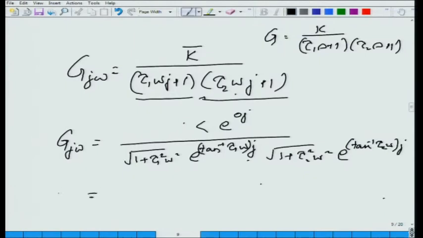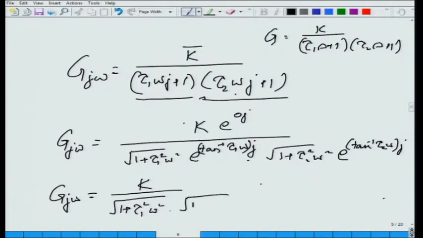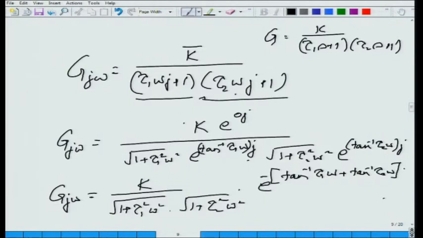Therefore, G(jω) is equal to K divided by the square root of 1 plus τ1²ω² times the square root of 1 plus τ2²ω² times e to the power, and now you can see, negative tangent inverse τ1ω plus tangent inverse τ2ω, times j.